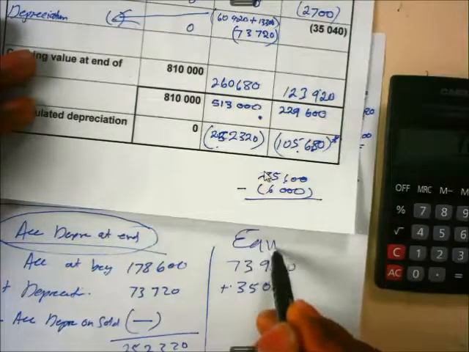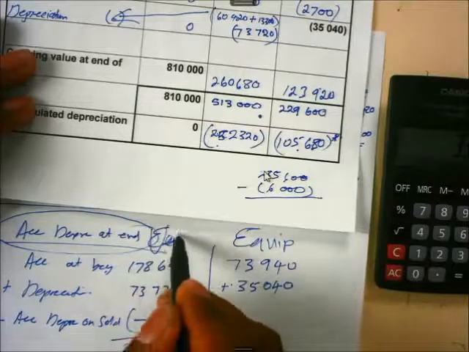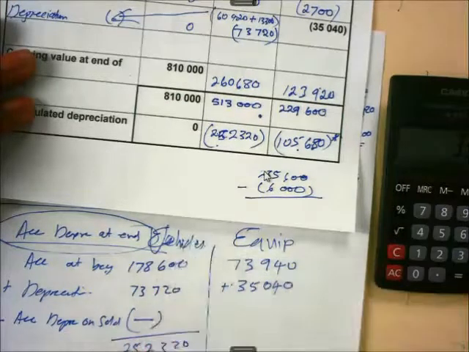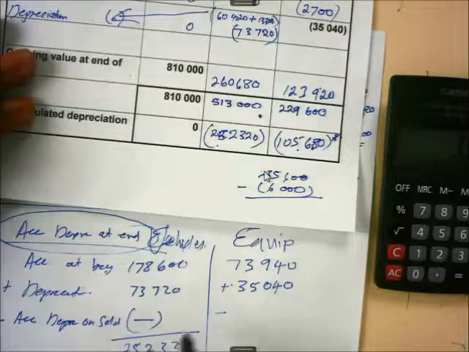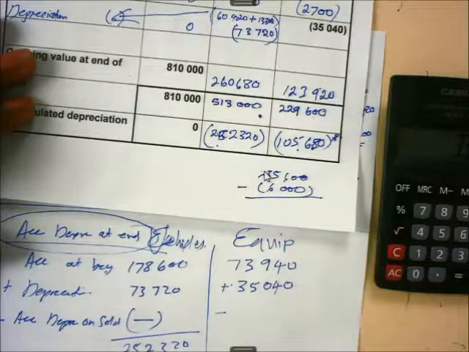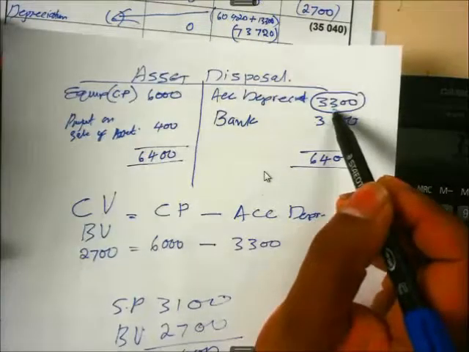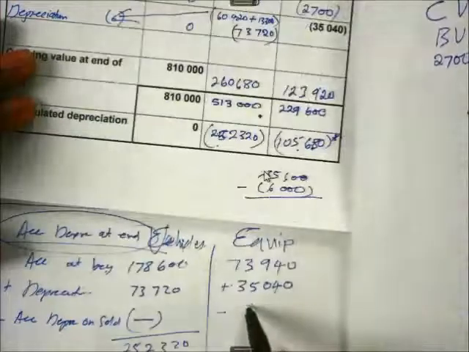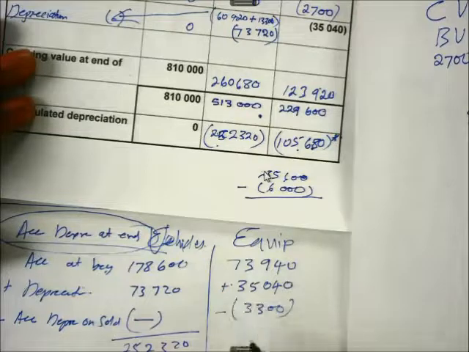For equipment. We have already done that for vehicles. And then we subtract accumulated depreciation on equipment sold. From this asset disposal account, we know that accumulated depreciation on assets sold is 3,300. 3,300 must be subtracted.